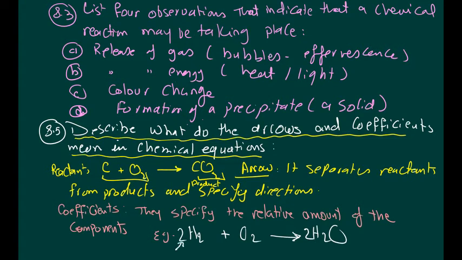This 2 is a coefficient, and this 2 also we call a coefficient. What does it show? It shows that 2 molecules of hydrogen react with 1 molecule of oxygen to form 2 molecules of water. So it shows the relative amount of the components of the reaction.